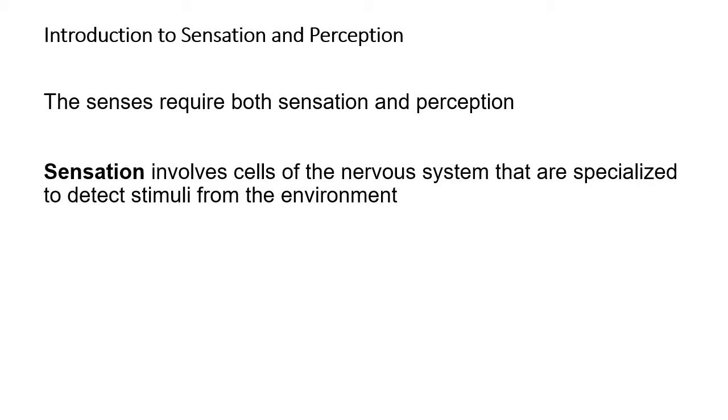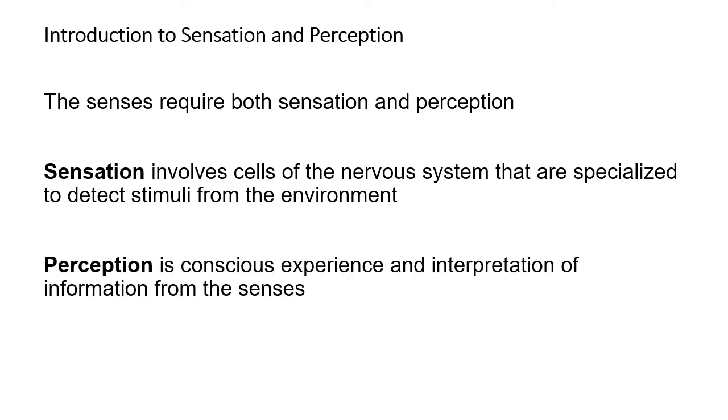Sometimes those are grouped together into one sense, but they're also often grouped into separate senses. All of these senses have specialized cells that are the ends of the nervous system that activate in the sensation process. The sensation process, though, is just that: the senses activating to the stimuli from the environment.